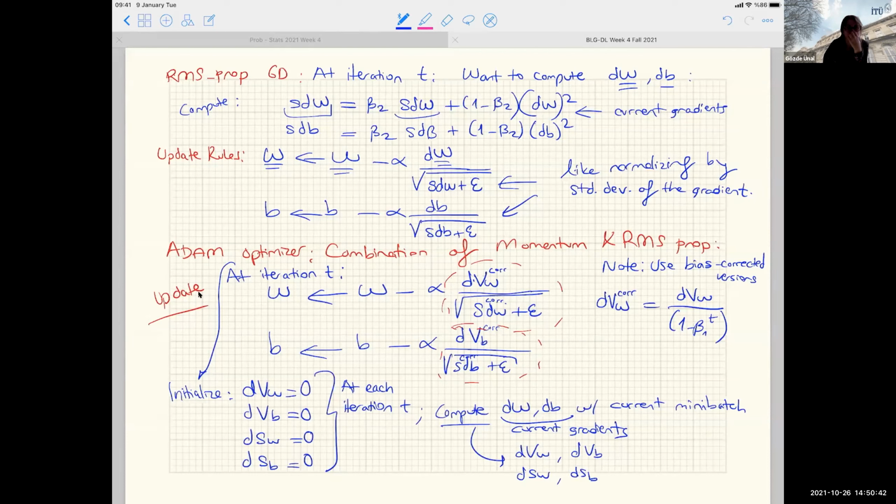I think I wanted to also talk about weight initializations and vanishing and exploding gradients problems. Let me see.